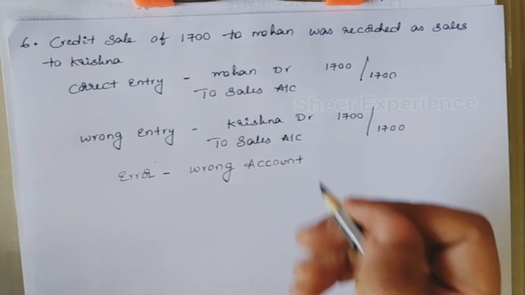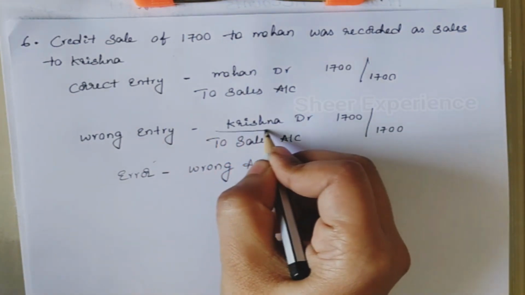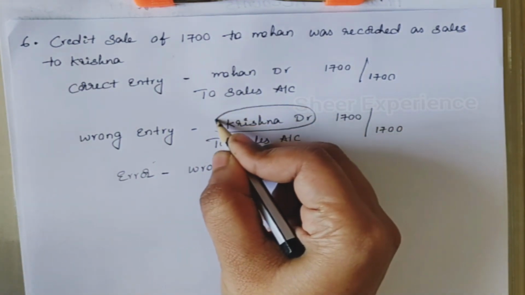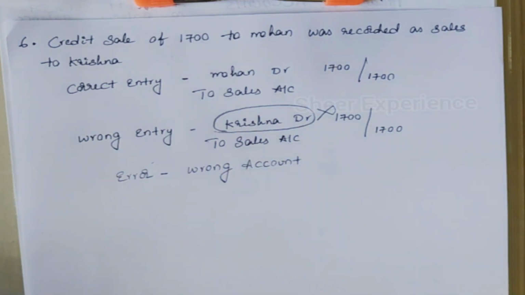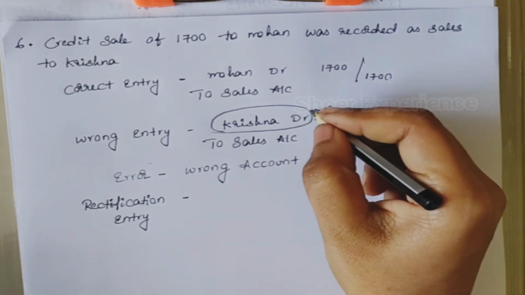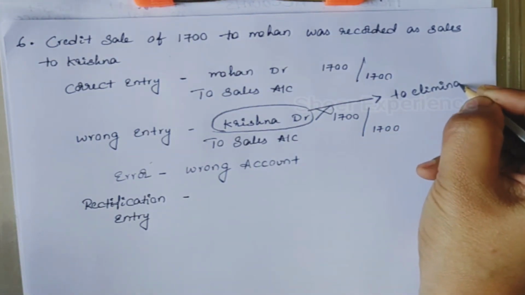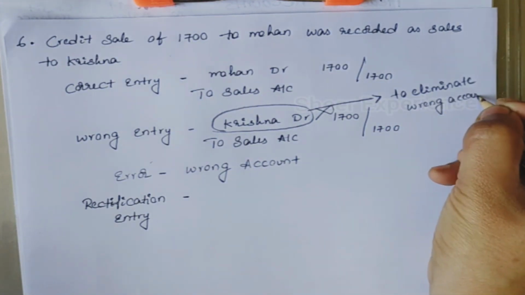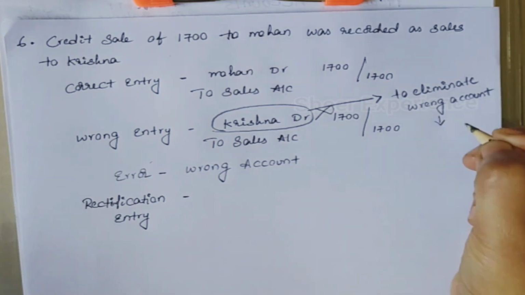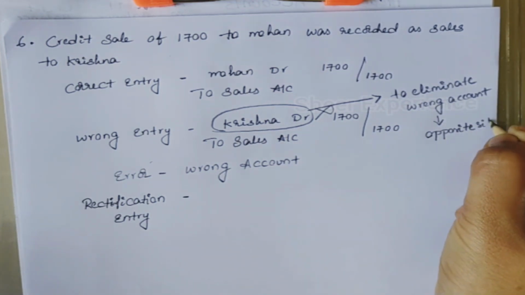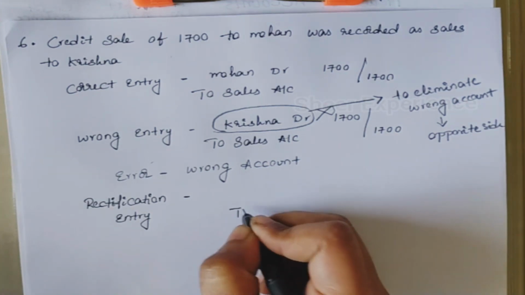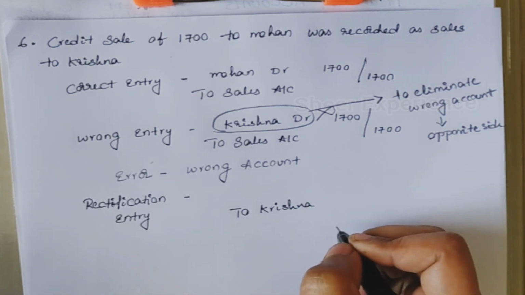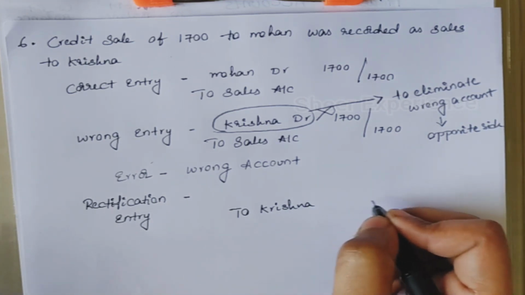Looking at the correct and wrong entries, we can say that Krishna account is not needed. We don't want this account. So we need to eliminate this wrong account. To eliminate the wrong account, we have to place the account on the opposite side. Here Krishna account is debited. So we need to credit it first. In the rectification entry, we will just mention to Krishna account.